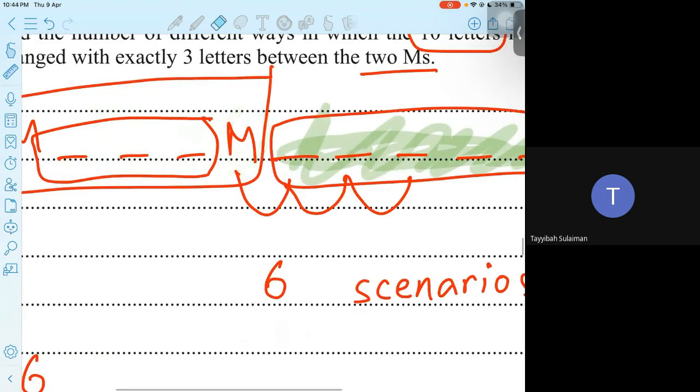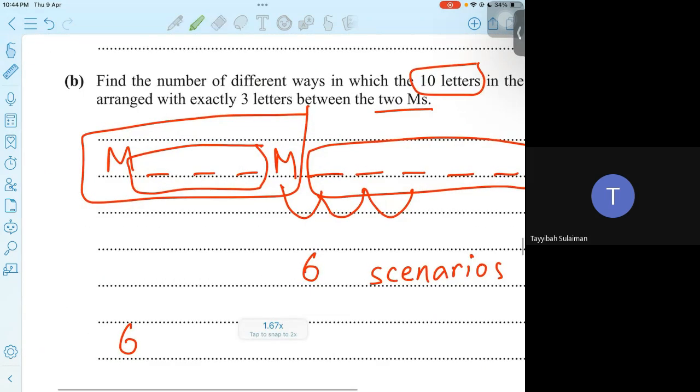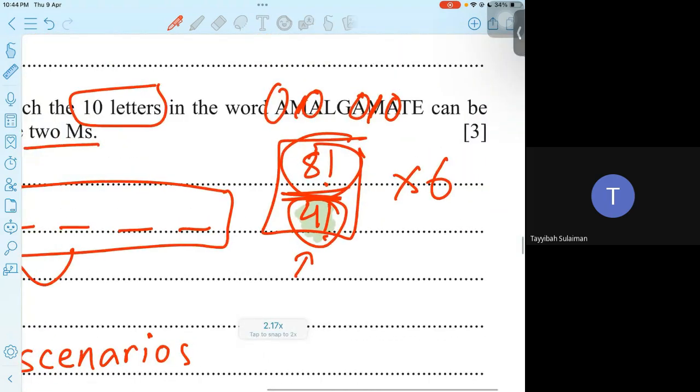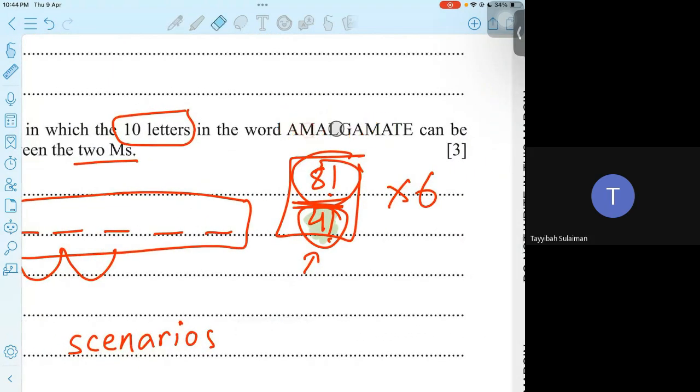If you are thinking that this M and this M are different, so I have to multiply by 2, the thing is, when we're dividing by 4 factorial, what we're trying to do is get rid of the repetitions. So we are getting rid of all the cases where we consider the A's to be different.